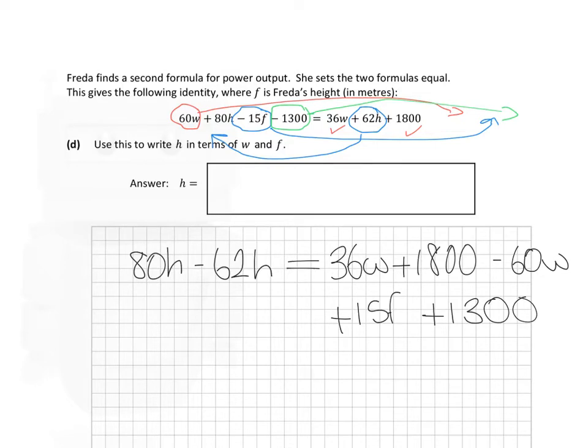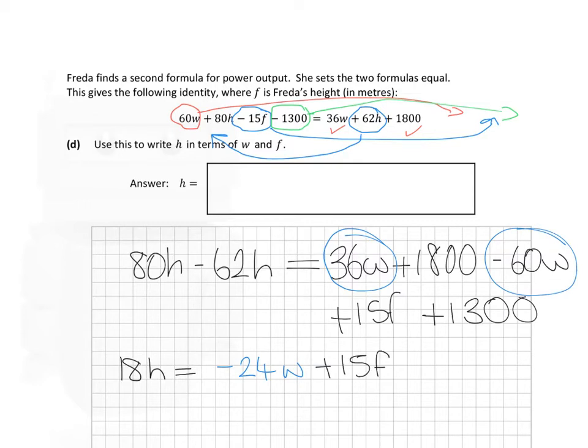Okay, so when I collect the H's together, I end up getting 18H. So 18H is equal to, so let's collect the W's. So I get minus 24W. There's only one F, so that just stays as plus 15F. And then I can collect both of these together and I get plus 3100.